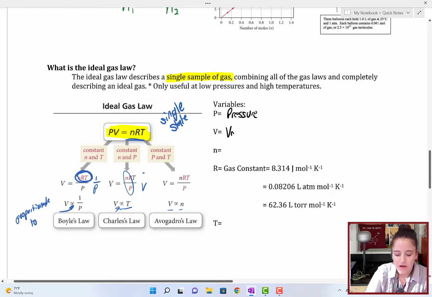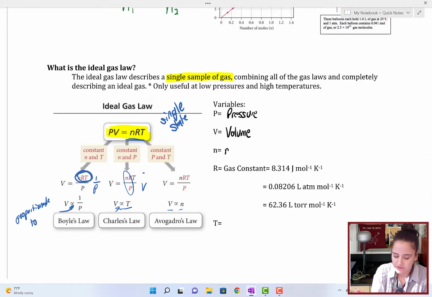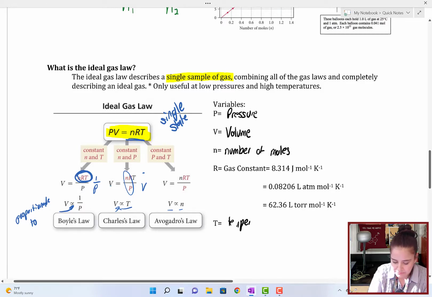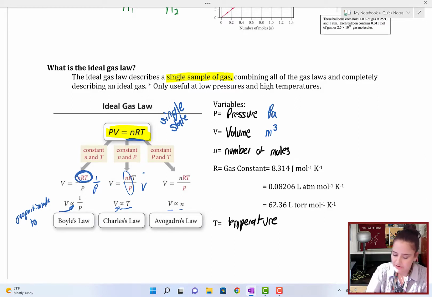Okay, so just defining those variables again. P is pressure. V is volume. n is number of moles. And T is the temperature. And then the units for all of those. For pressure, we're normally going to use the Pascal. For volume, the cubic meter.